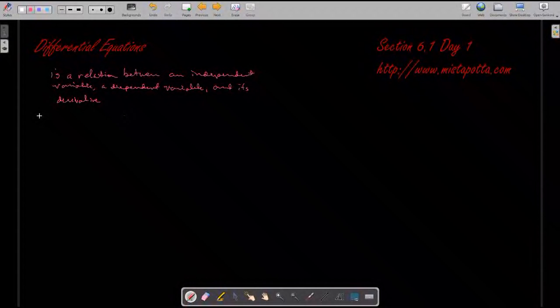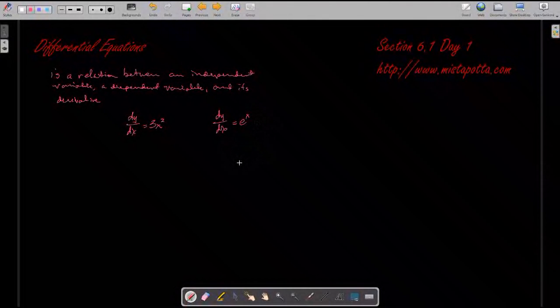So I might have something as simple as this: dy/dx equals 3x squared, which we'll be talking about in just a moment. Or I could say something like dy/dx equals e to the x. And both of these are fairly simple and straightforward differential equations.